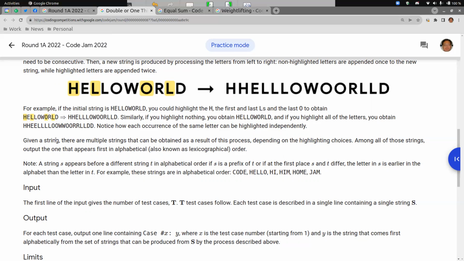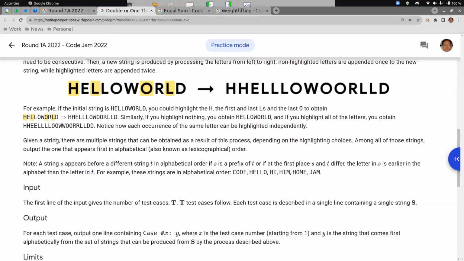Okay, that's the question. Note, a string S appears before a different string T in alphabetical order if S is a prefix of T, or if the first place S and T differ, the letter in S is earlier in the alphabet than the letter in T. Okay, so they're just defining what alphabetical order means, but that's basically string comparison order.